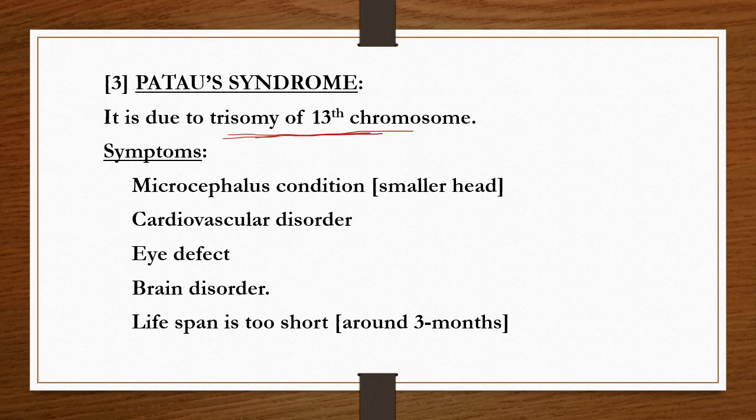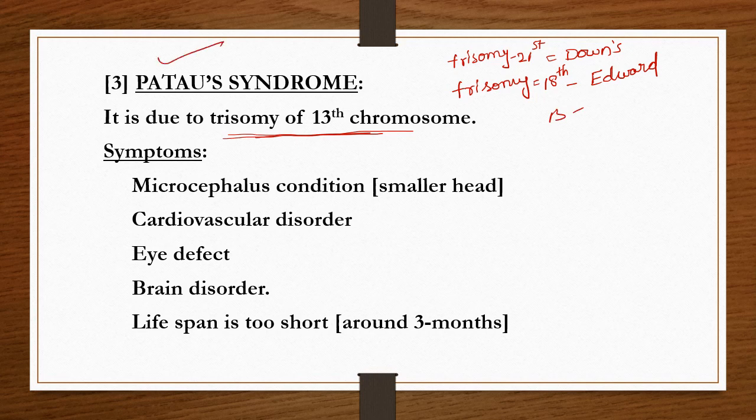Previously we discussed that trisomy of the 21st chromosome causes Down's syndrome, trisomy of the 18th chromosome causes Edwards syndrome, and now the 13th chromosome causes Patau's syndrome.